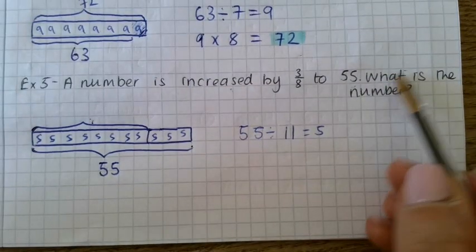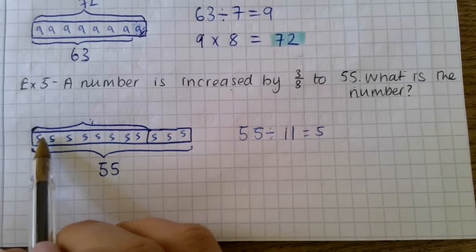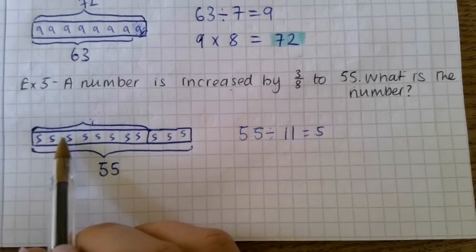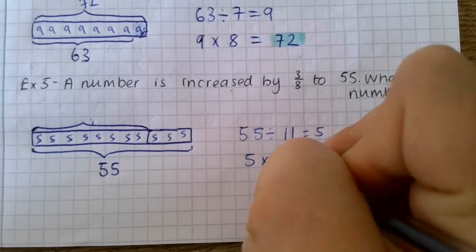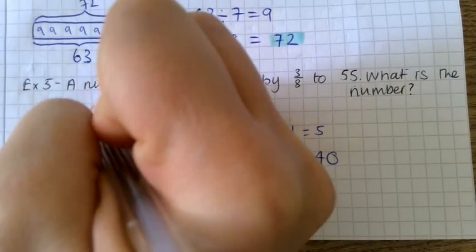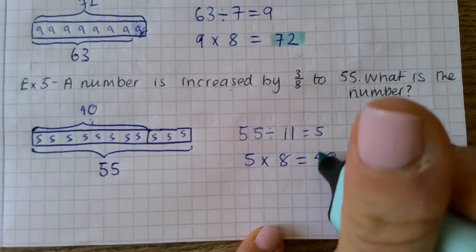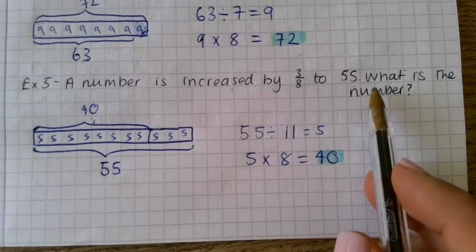And what is the number? Well, the original number before the 3/8 were added on is going to be 5 multiplied by 1, 2, 3, 4, 5, 6, 7, 8, which is 40. So this number 40 was increased by 3/8 to get 55.